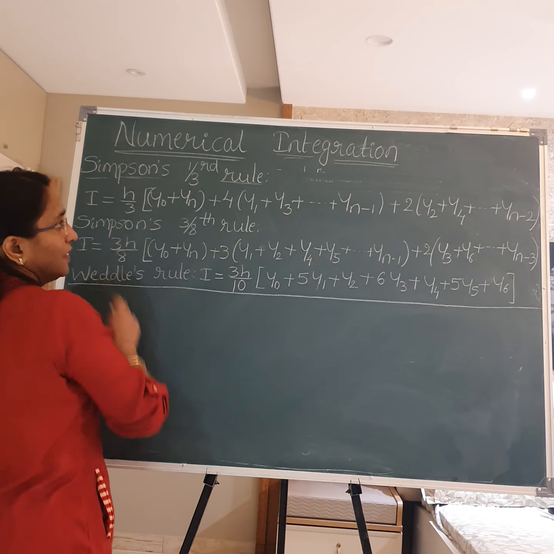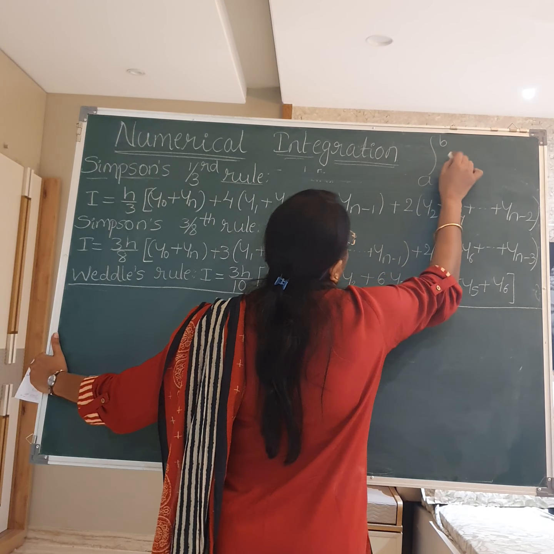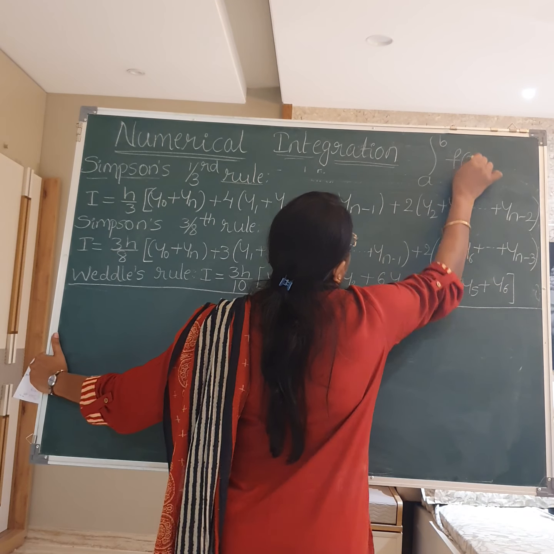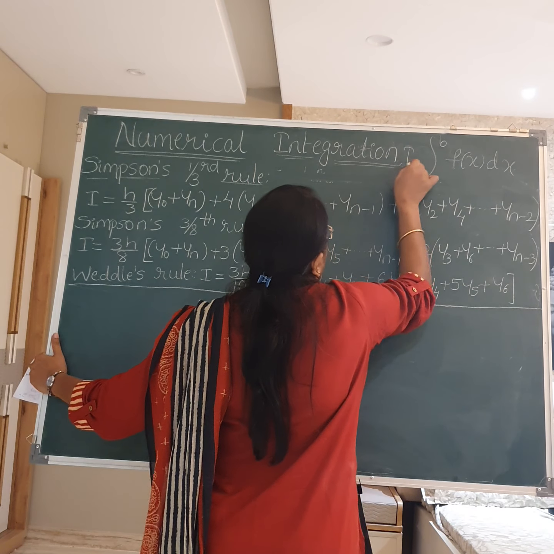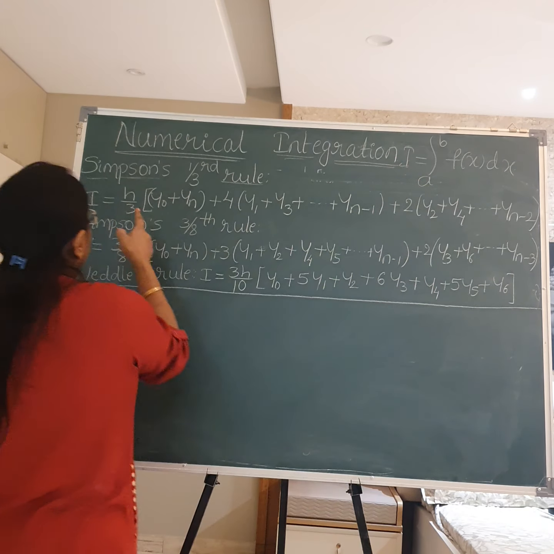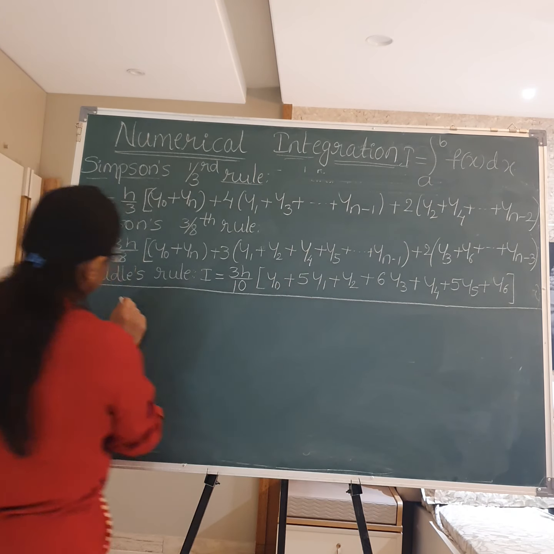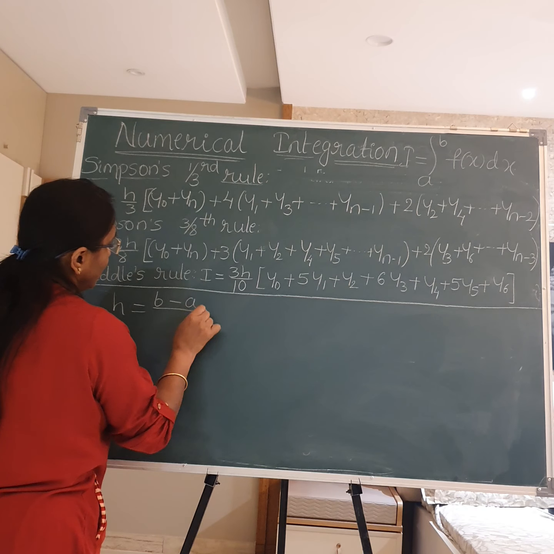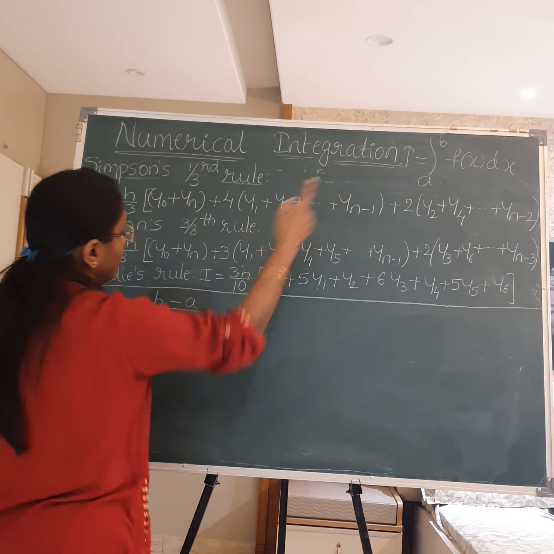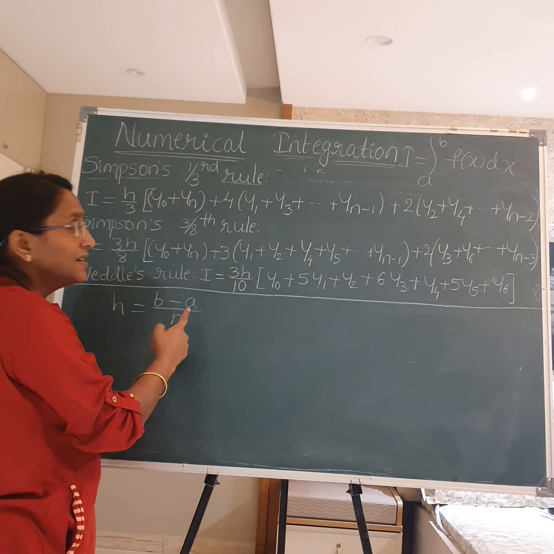We are evaluating the definite integral from a to b of some function f of x dx. We are evaluating this, that is I is equal to h by 3. Here h is equal to (b minus a) by n, where b is the upper limit, a is the lower limit, and n is the number of equal strips.